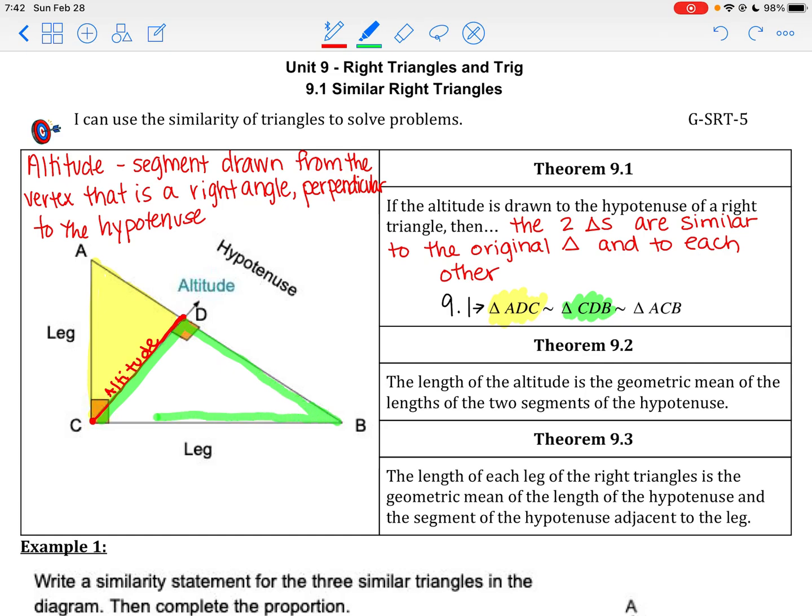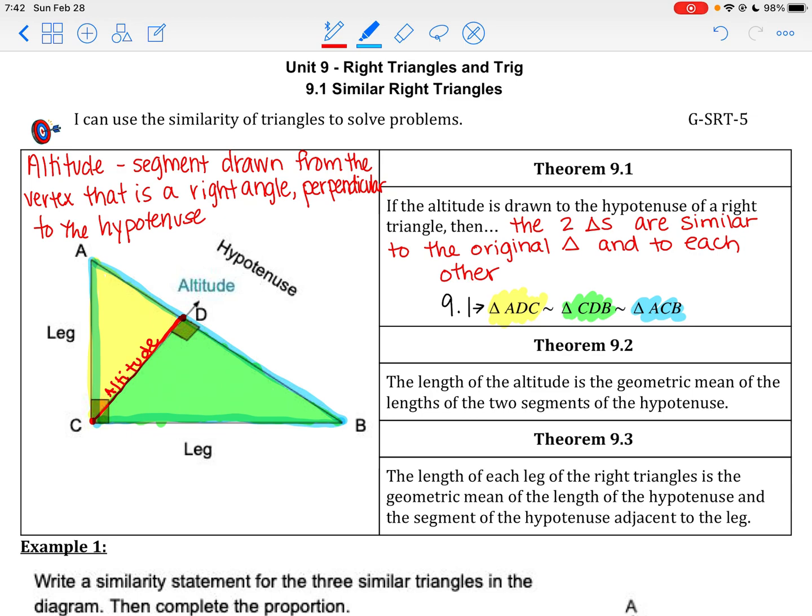The final triangle we're looking at is the overall triangle, the big triangle that these two triangles are within. That final triangle is triangle ACB. All of those are written with the right angle in the middle as the vertex.